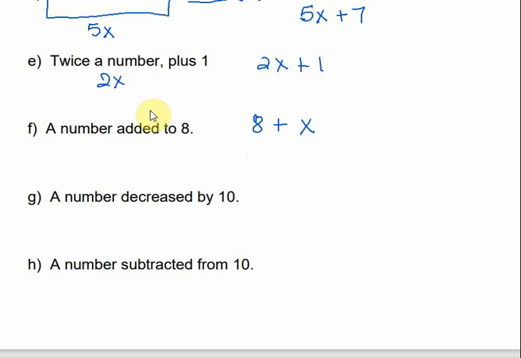So in G, it says a number decreased by 10. How would you write that? Okay, so we start with a number and then it's decreased by 10. So x decreased by 10. All right, what about H?